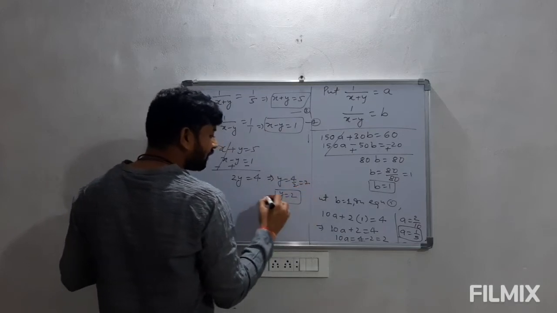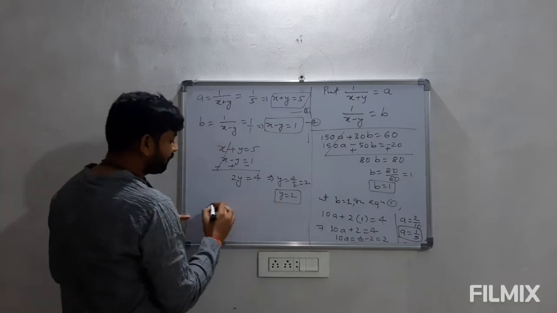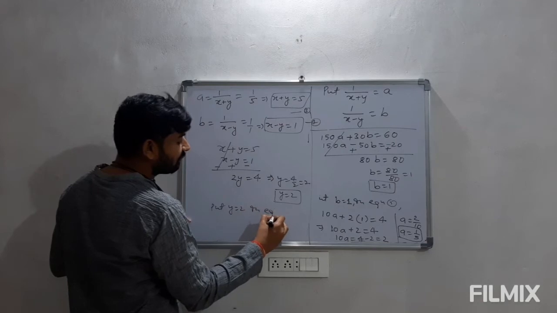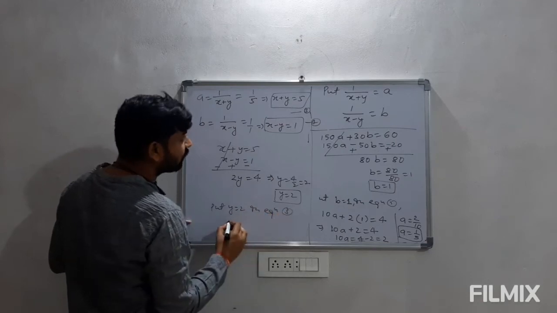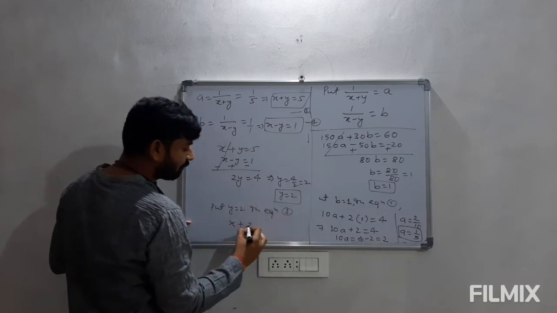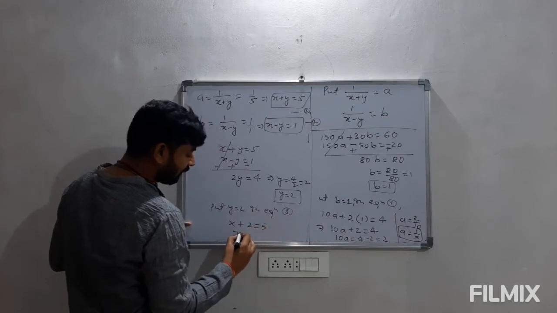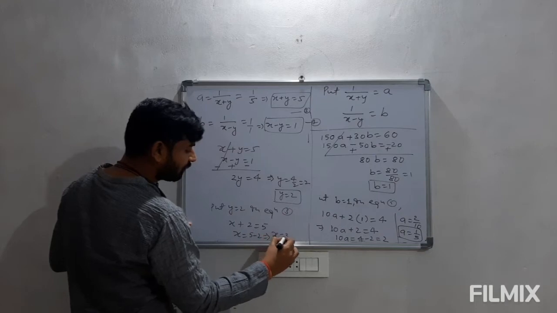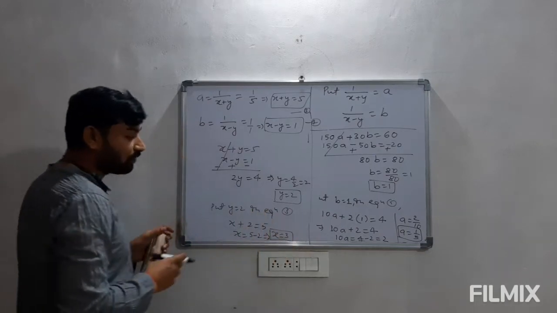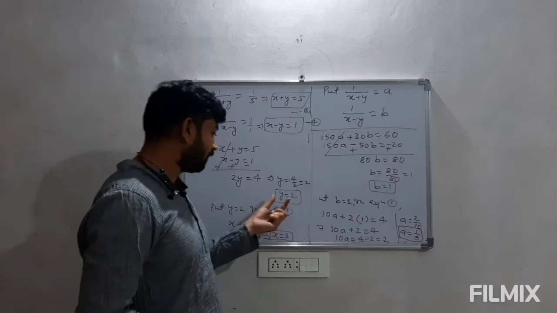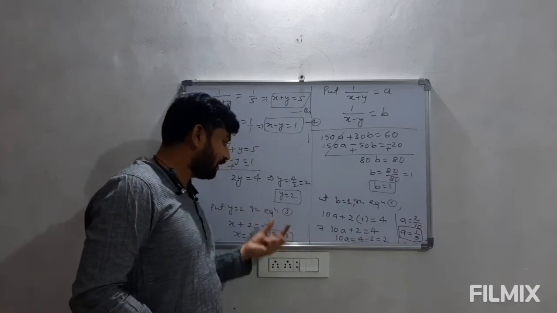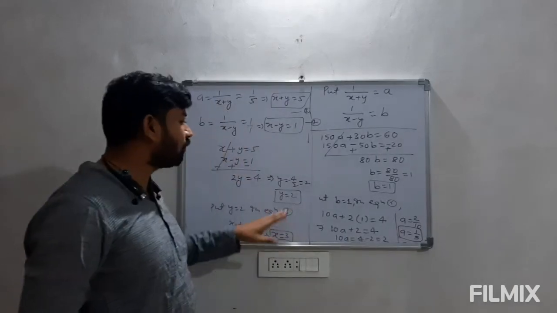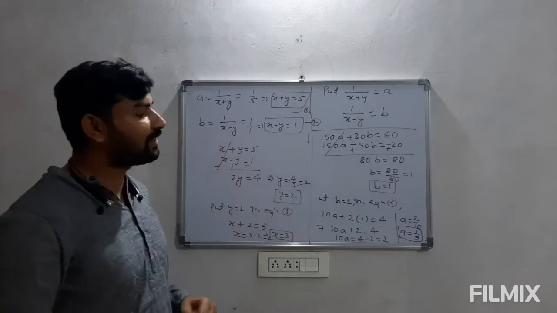Then substitute this value, put y is equal to 2 in equation 3 suppose. So we will be getting x plus 2 here, so x is coming out to be 5 minus 2, which is x is equal to 3. Hence the solution of the given equations was x is equal to 3 and y is equal to 2. So 3 comma 2 is the solution of given equation.